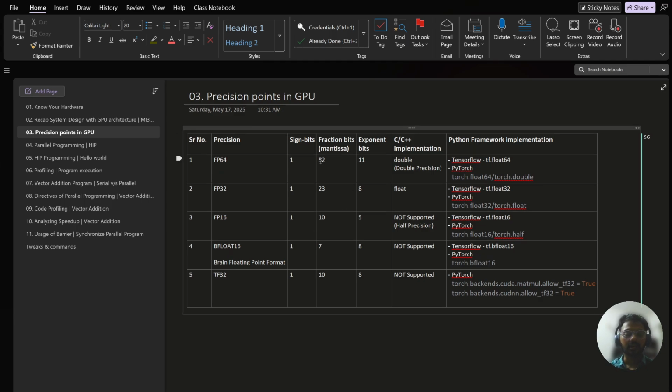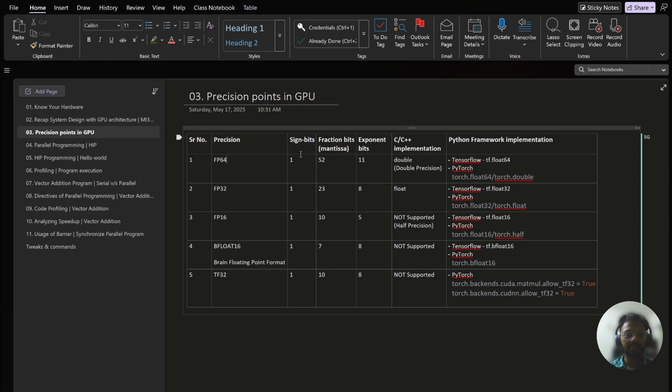Going forward in the lecture, in any of the use cases you may come across, you will always notice in the performance of the system what number of FLOPS we are achieving, or what speedup we are achieving in terms of precision. So let's see why. FP64 is the highest level of precision.